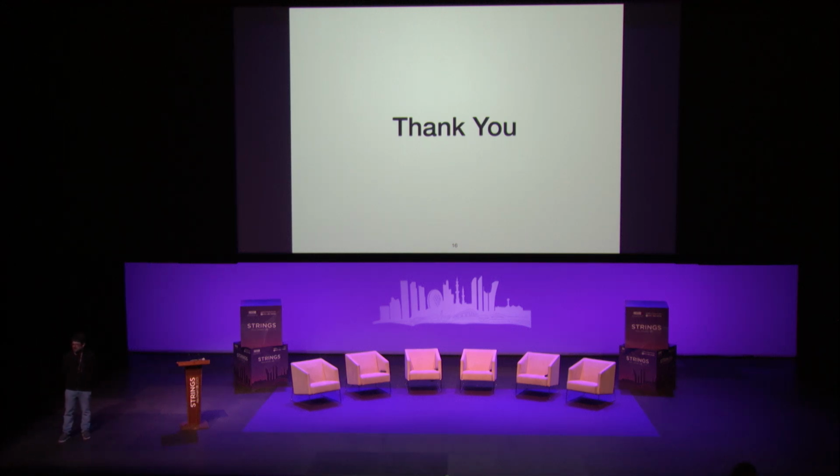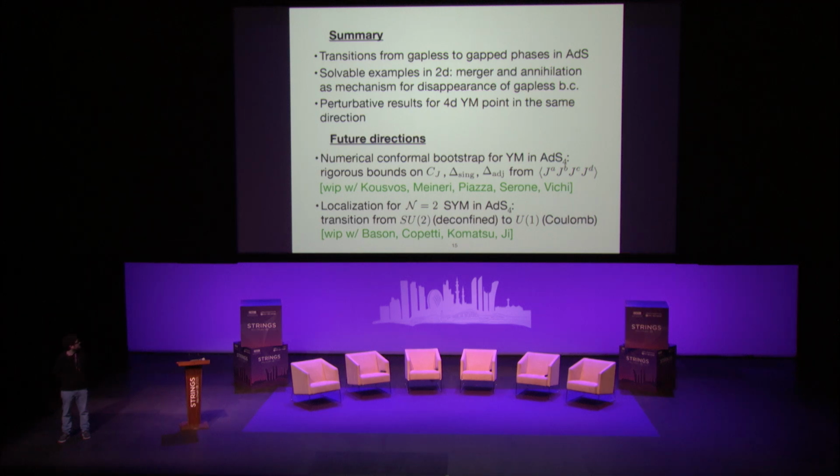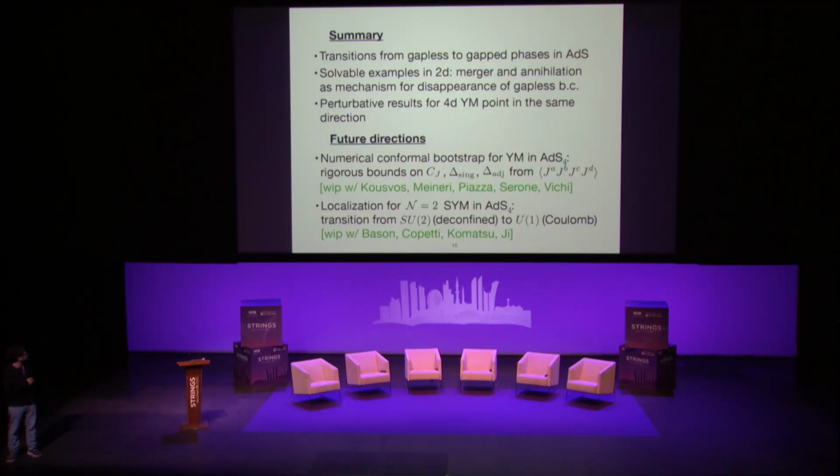Regarding your last slide, could you comment, when you do the numerical bootstrap, how do you input the radius in this setup? Well, what you can imagine doing is, first of all, you can imagine doing some bounds just on C_J.